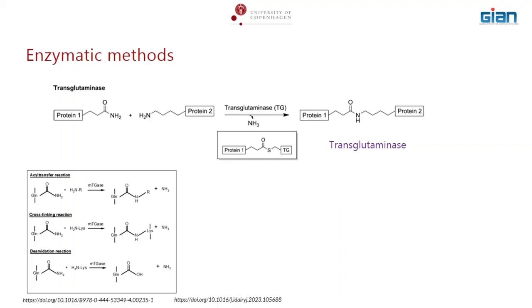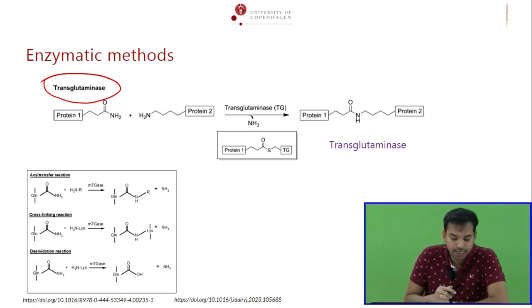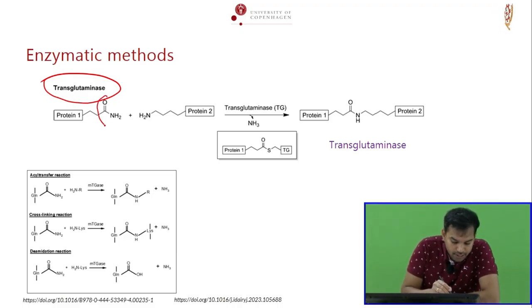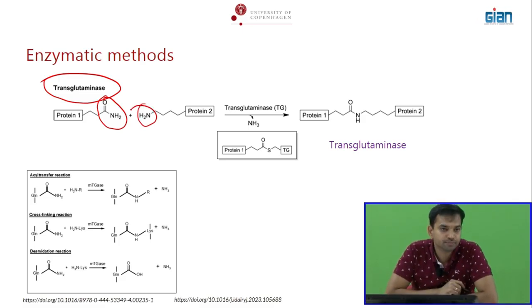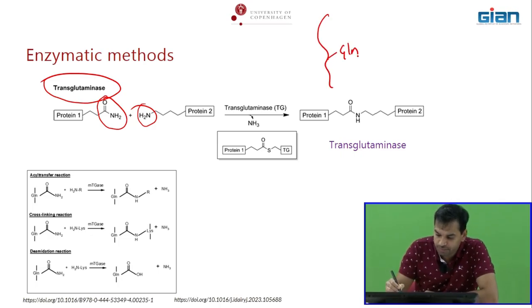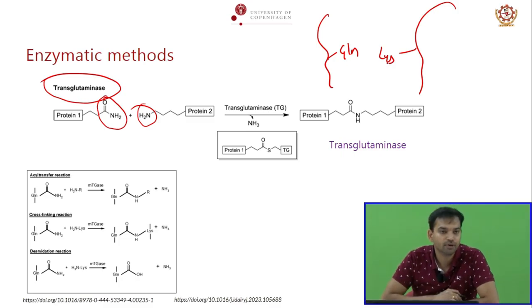The first one we're going to talk about is the most important experiment, the thing we do nowadays: using transglutaminase. It's an enzyme to modify proteins. Transglutaminase is an enzyme that will cross-link two proteins. Basically, it will cross-link glutamine residues with lysine residues. Now imagine you have two proteins, one with the glutamine and another with the lysine, right?